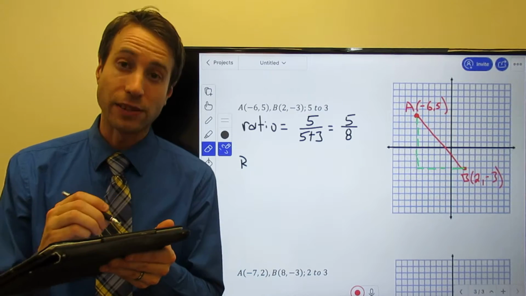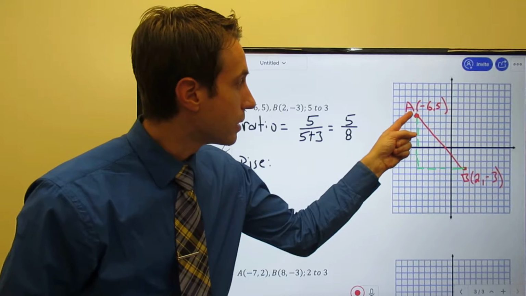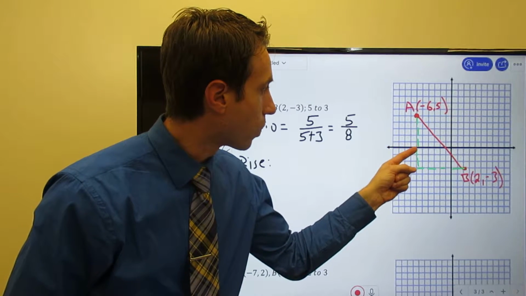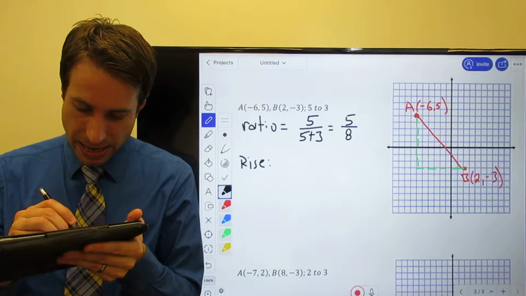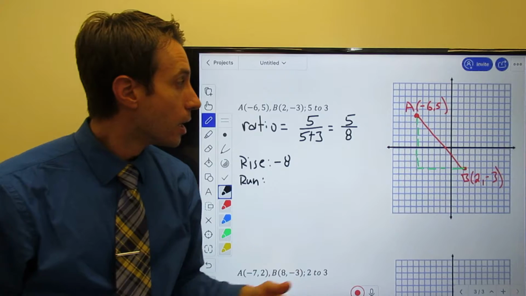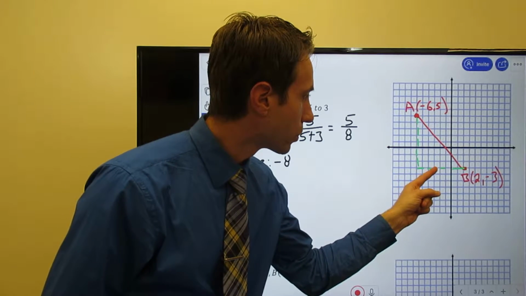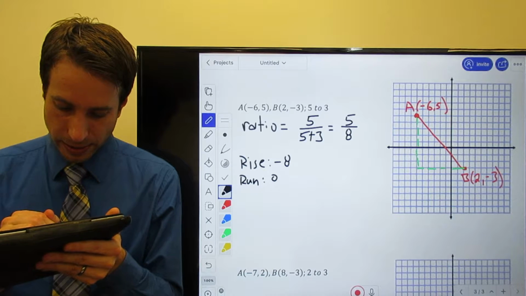Oh, sorry. I want rise first. Let's do rise. All right, my rise is 1, 2, 3, 4, 5, 6, 7, 8, but it's down, so that's going to be a -8. The run, let's see, 1, 2, 3, 4, 5, 6, 7, also 8.